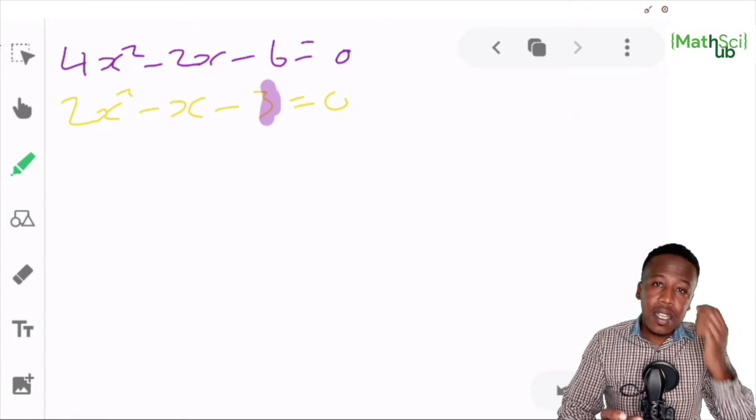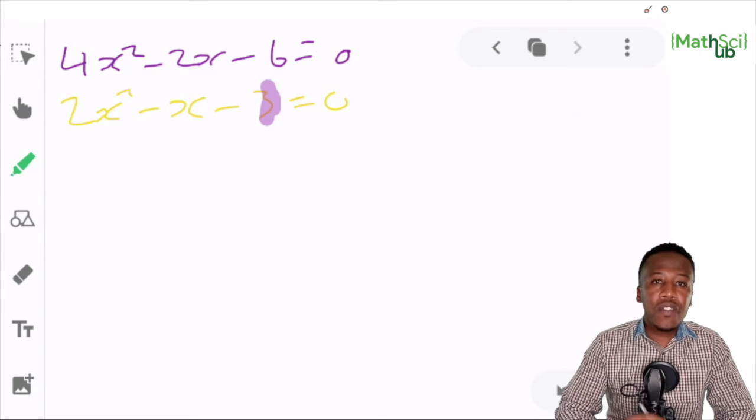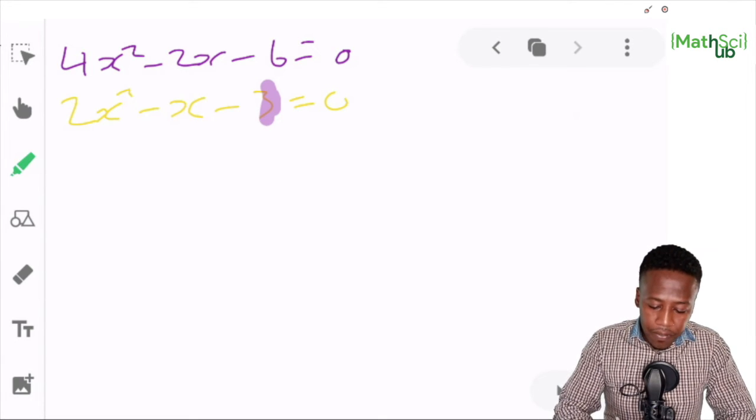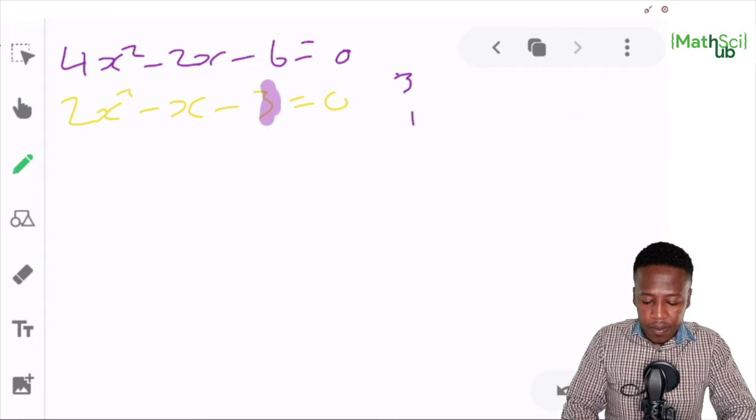The factors of 3 are simple in this case. It's only 3 and 1, right?